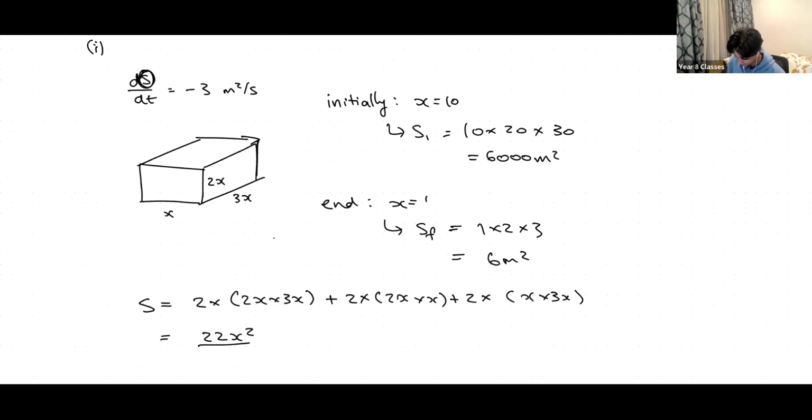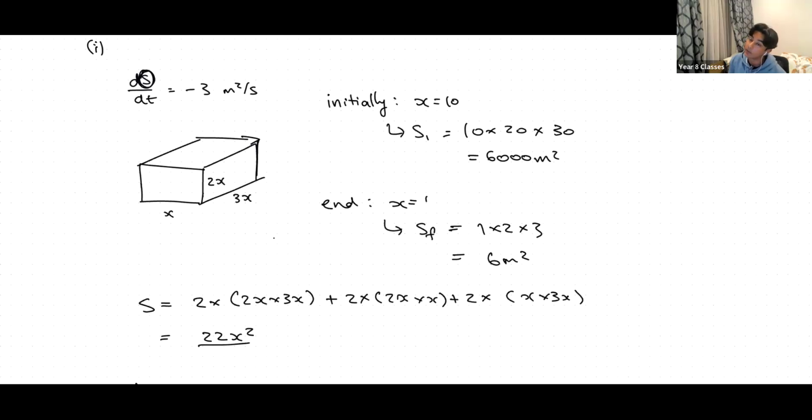So we have this now, and from here, okay, so we know dS/dt equals -3. So we want to find, yeah, from here, our end goal is to get an expression for dx/dt, ideally. Does also having the initial surface area help?